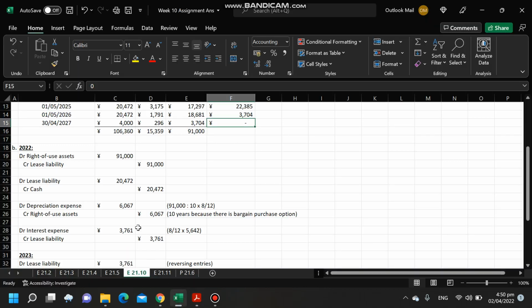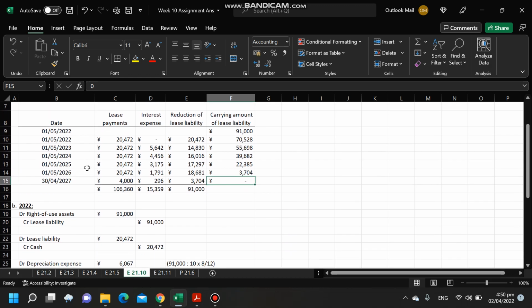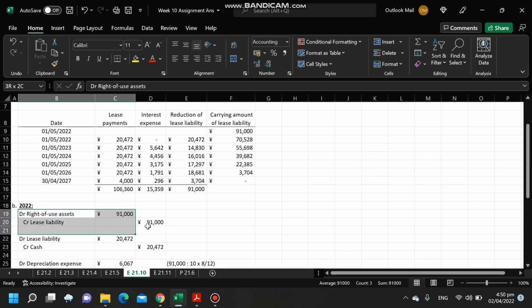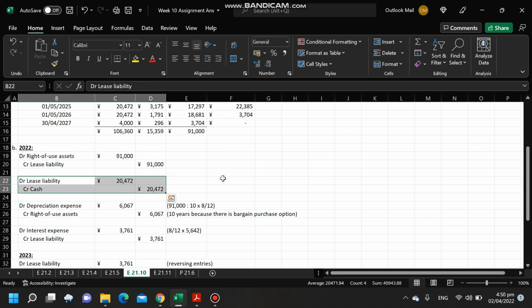So we will start with 2022 at the beginning of the lease. Of course, we will record the commencement of the lease, which is debit right-of-use asset, credit lease liability of 91,000, directly with the lease liability payment. So debit lease liability, credit cash 20,471.94. So this is rounded.